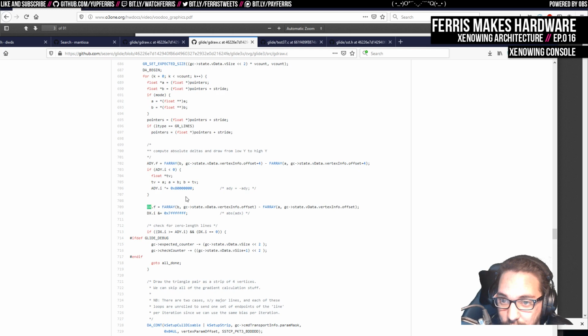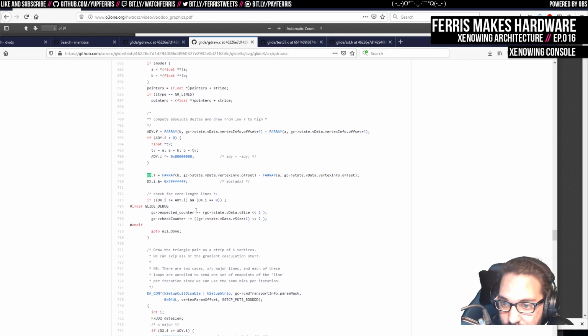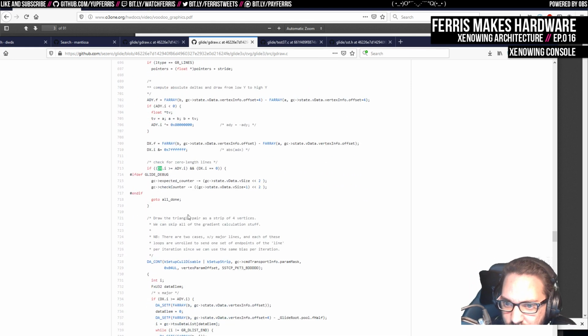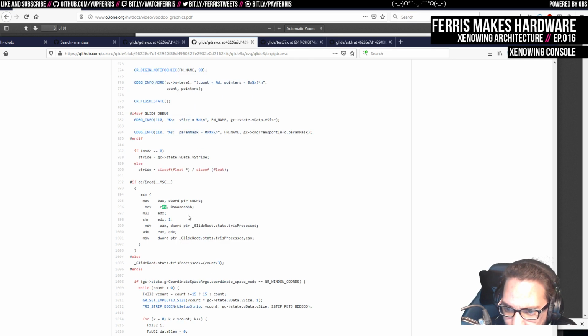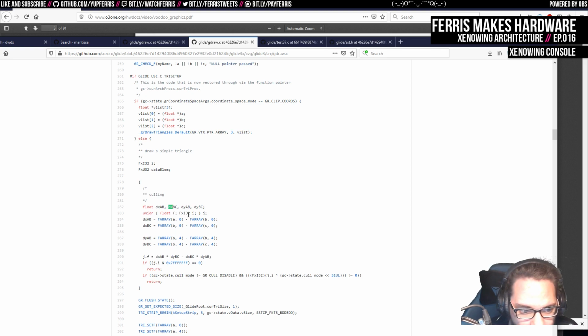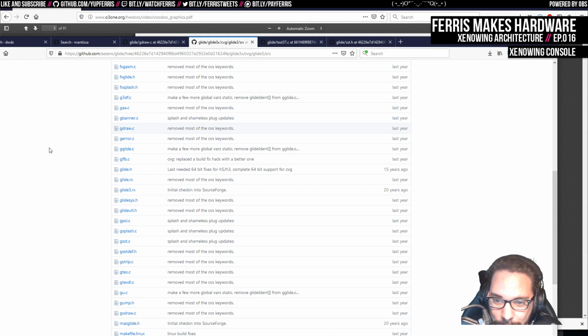It is funny that they do all this floating point stuff with integers. Actually, this is kind of interesting. I didn't find that, but I assumed that it was something innocuous.